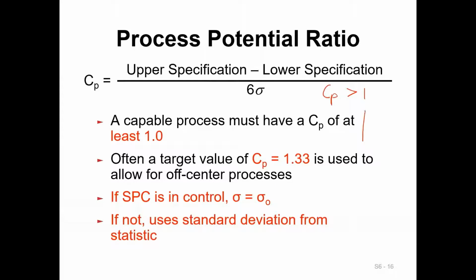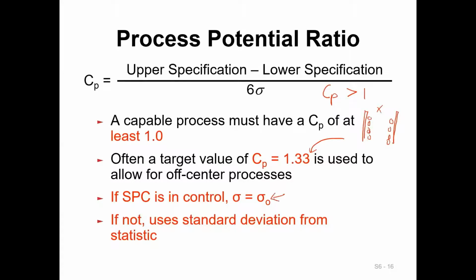But if your plot is between the bars, however very close to the bar, Cp itself will still be bigger than 1, but it's too close. So statistically, we prefer to target a Cp of 1.33.